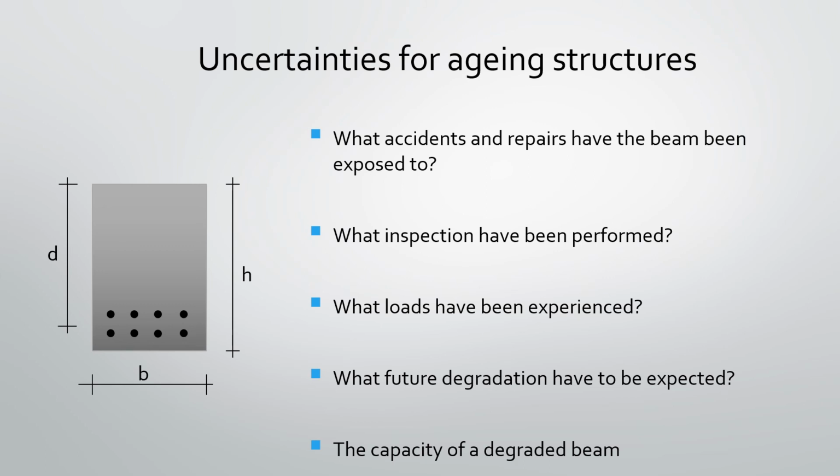In some cases, we may use finite element method analysis successfully to predict the capacity of a degraded beam, and especially if this analysis is calibrated to laboratory experiments, this can be a good way of determining the capacity of the beam. However, there will still be uncertainties related to the actual capacity of the beam at hand, and even more so if we have less data and analysis available to determine the capacity.